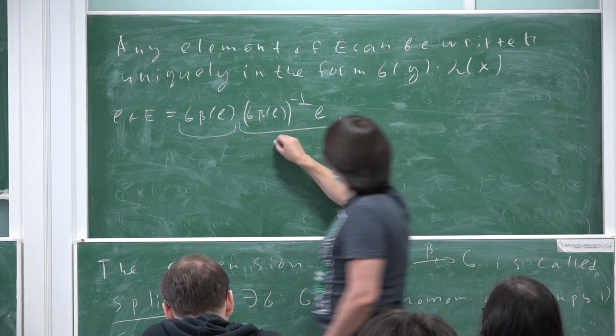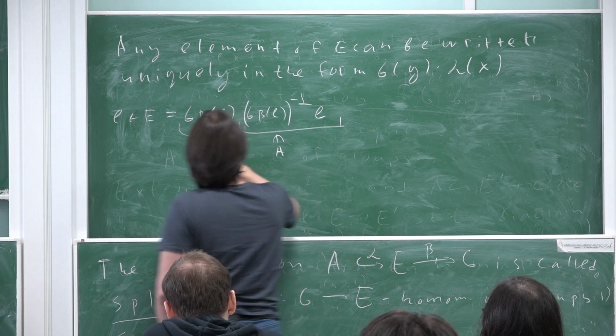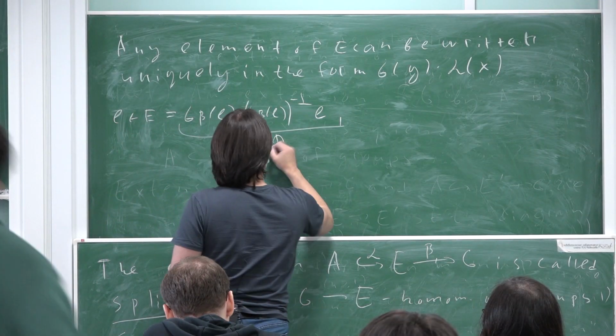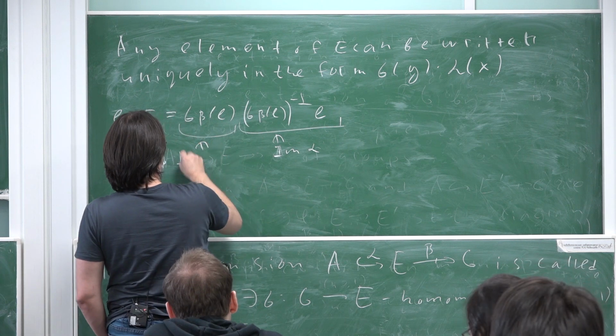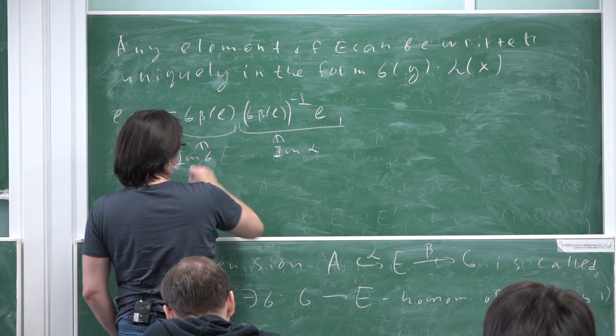So this guy is from A, from the image of alpha. This one is from the image of sigma.